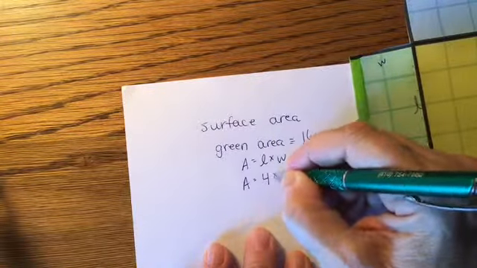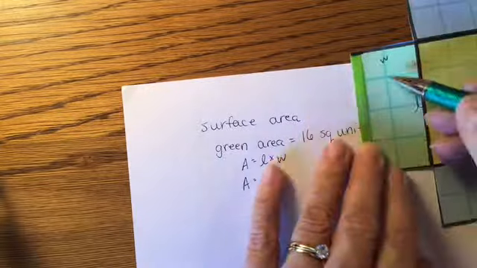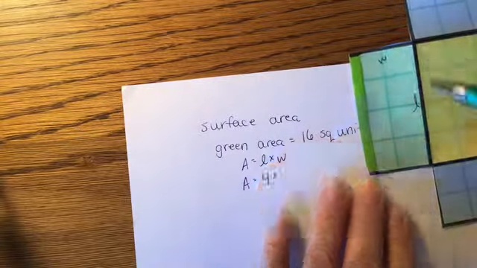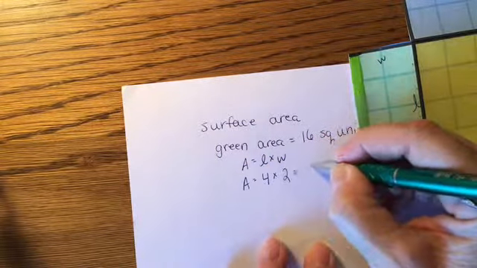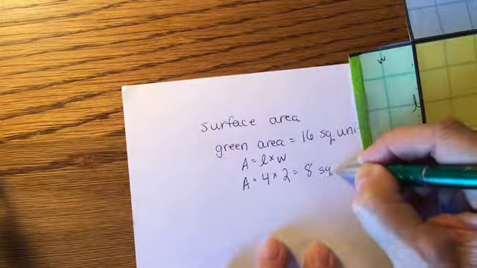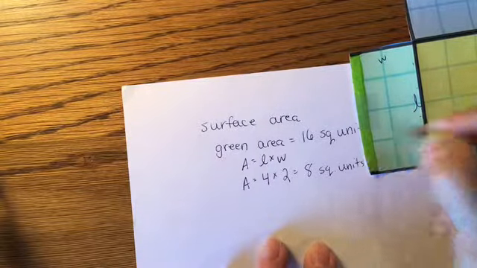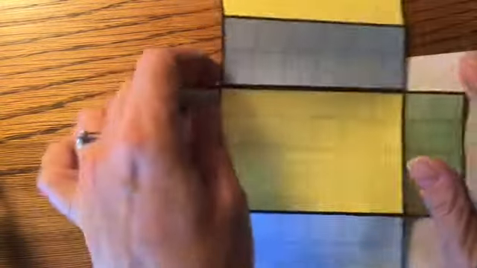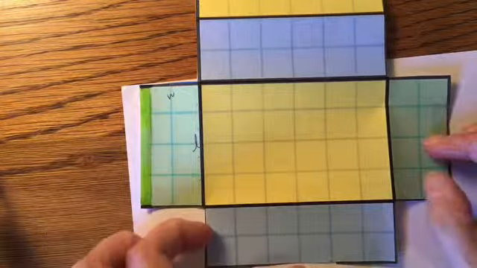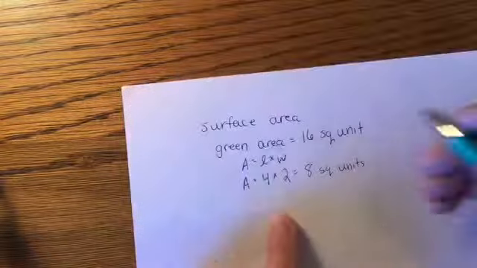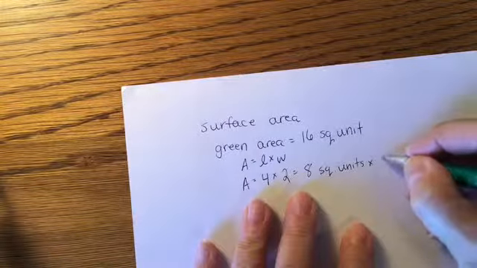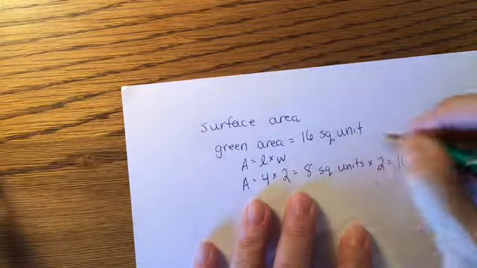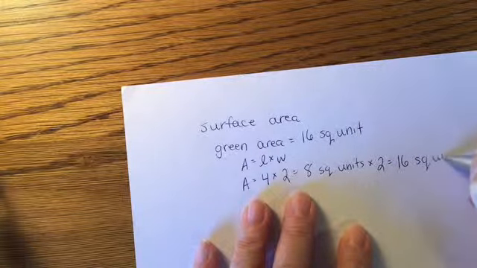So 4 times, and then my width was 1, 2, which equals 8 square units. And because I had 1, 2 of them over here, I need to now multiply that by 2, and that's where I'm getting my 16 square units.